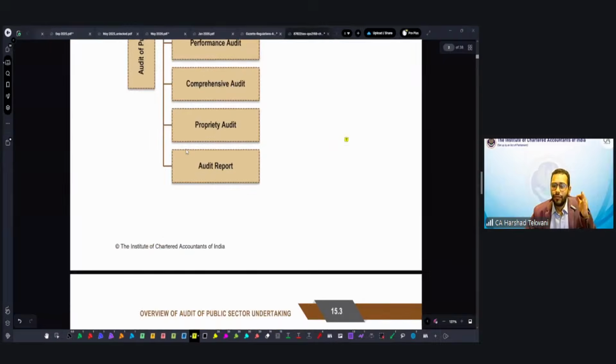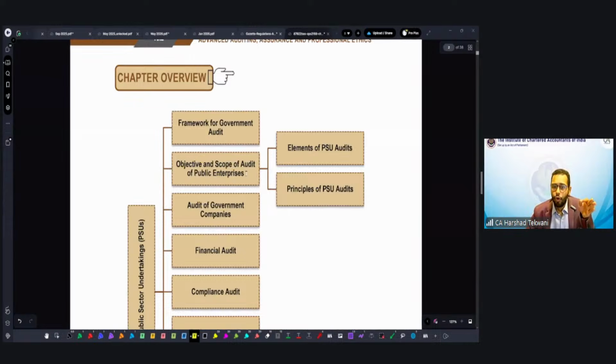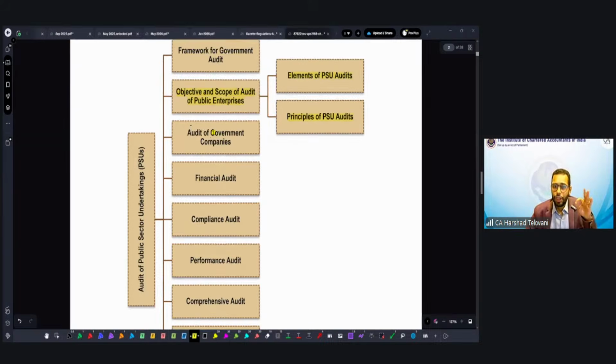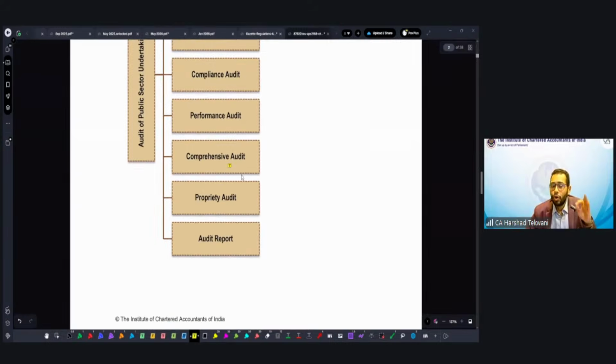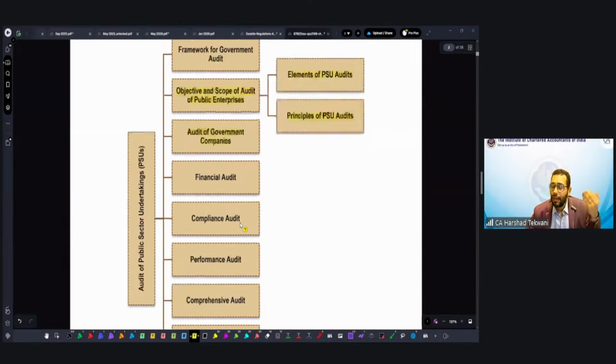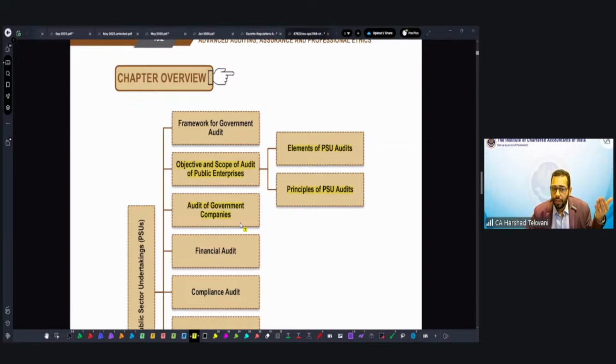So what we have done is we have understood the objectives and scope of PSU audit, the elements and the principles of PSU audits. We understood the audit of government companies. We understood the financial, compliance, performance and comprehensive propriety audit. We understood how the audit reports are structured, with a live example, and their components.